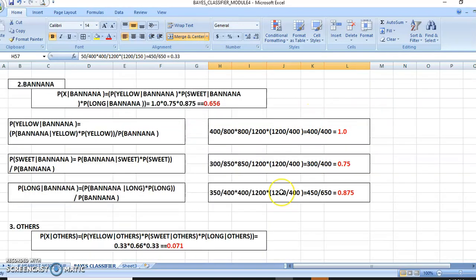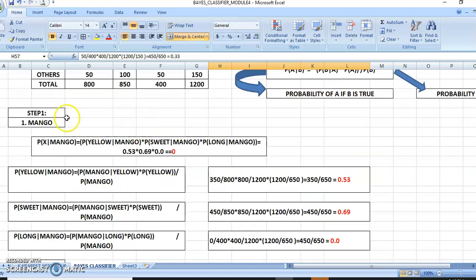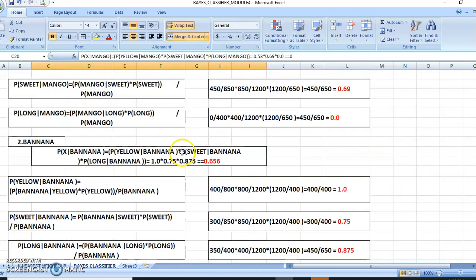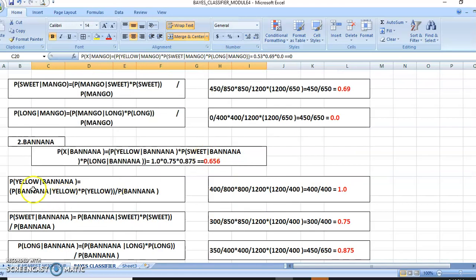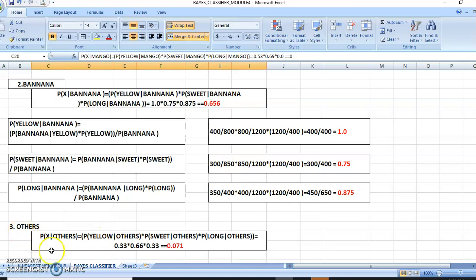So what are my respective values now? For mango, any X fruit being mango is 0, any X fruit being banana is 0.656, and any X fruit being others is 0.071.